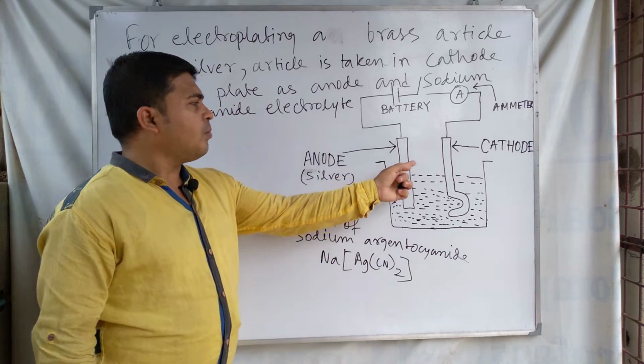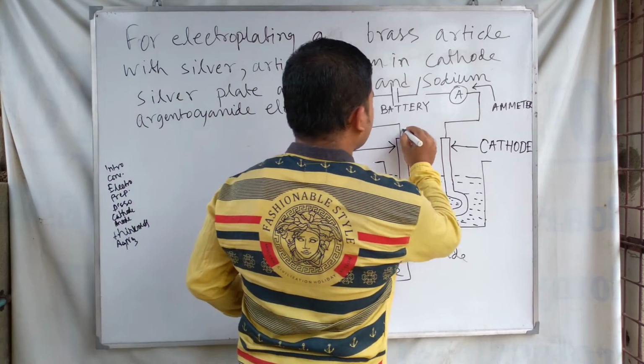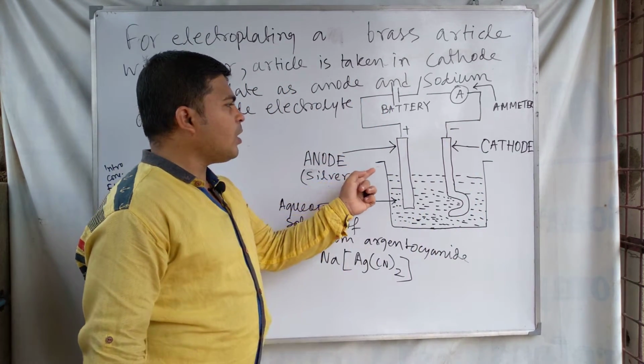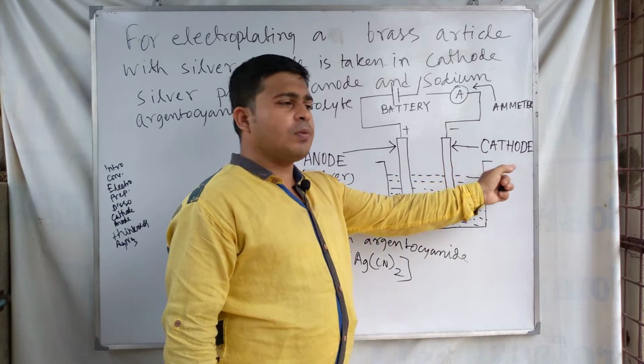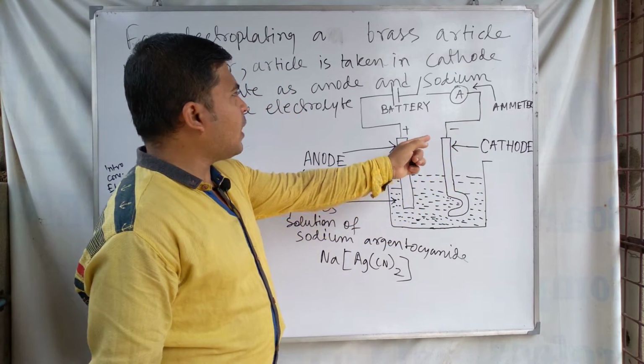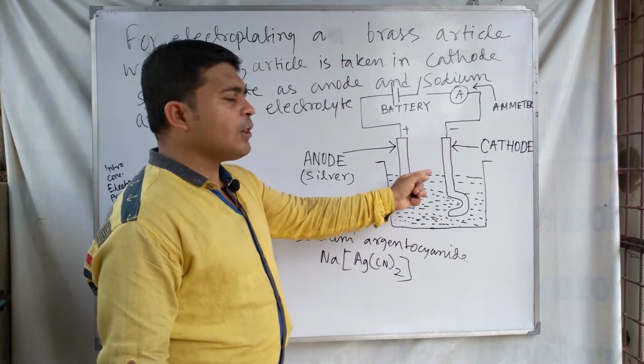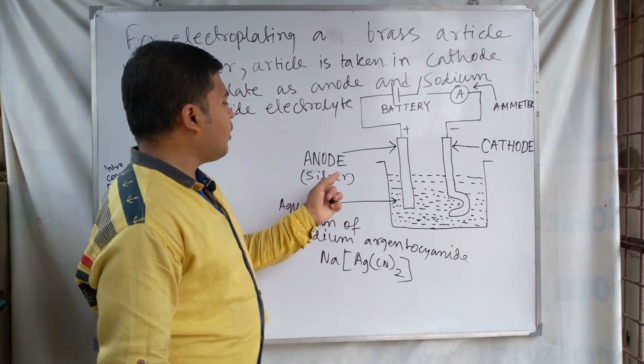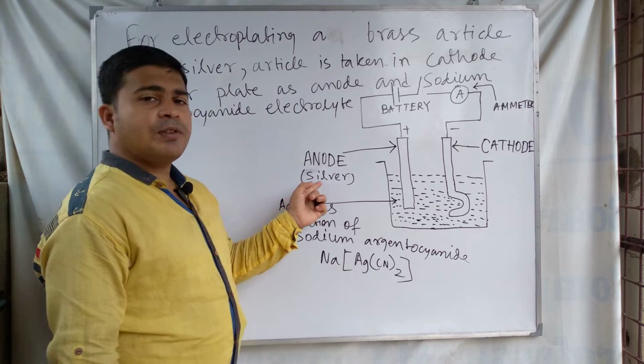The cathode is the brass spoon. As a cathode, the brass spoon is taken, and as an anode, the silver is taken.